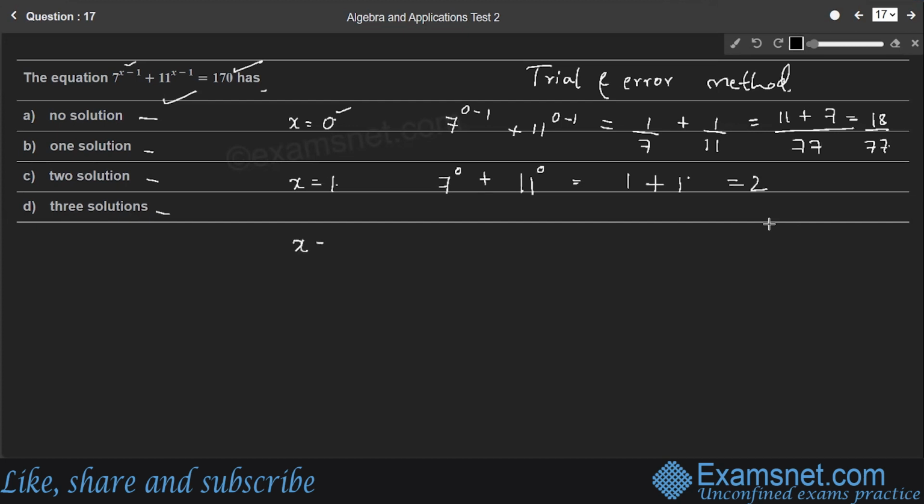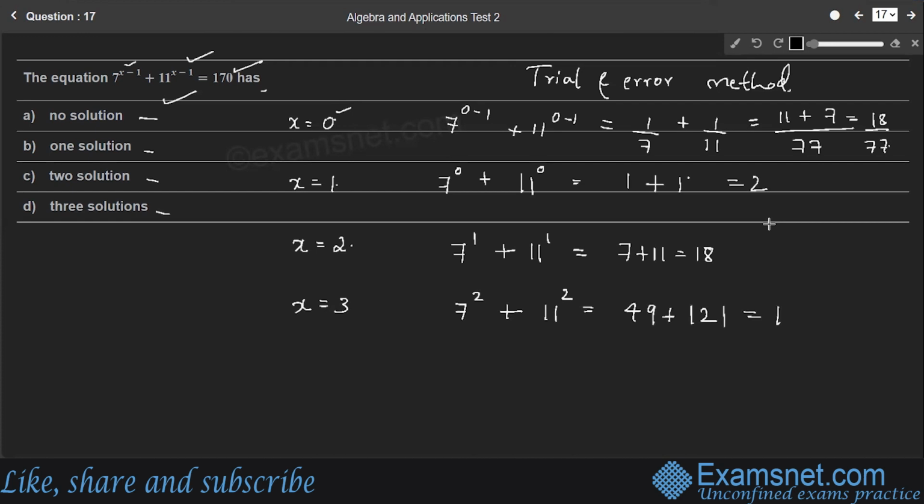If x is equal to 2, the equation becomes 7 raised to 2 minus 1, which is 1, plus 11 raised to 2 minus 1, which is 1, so 7 plus 11, which is 18, which is not equal to 170. So x is equal to 2 is not the solution. So check with x equal to 3. 7 raised to x minus 1 becomes 3 minus 1, which is 2, plus 11 raised to 3 minus 1, which is 2. So 7 into 7 is 49, 11 into 11 is 121, which sums to 170.